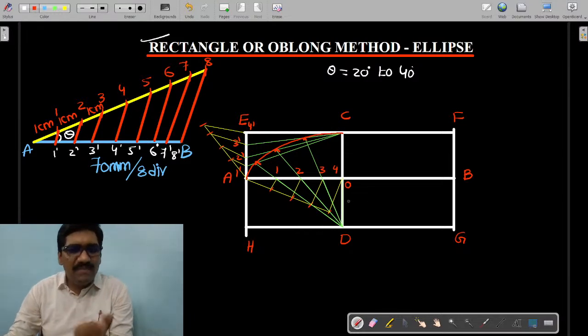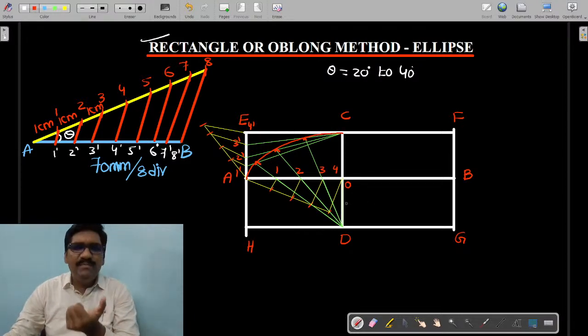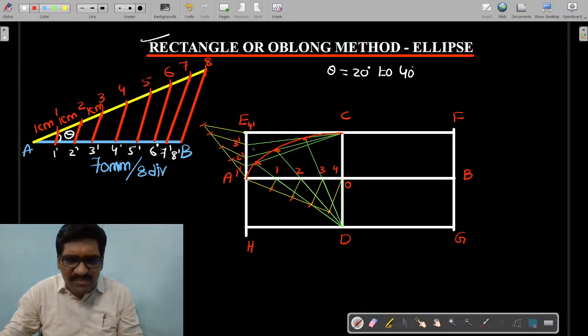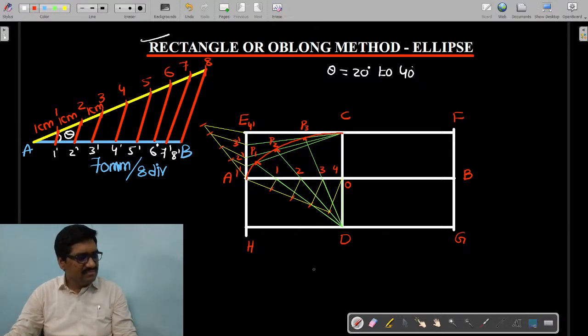I got 1/4 part, so 25% of the ellipse is over. The point P1, the point P2, and the point P3. Are you following, all of you? Perfect. Now, 1 quadrant is over.